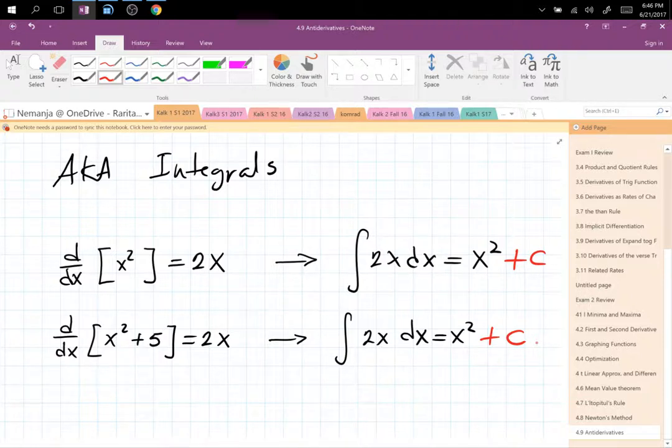It is extremely important. Students forget that on Calc 1 exams and homework and labs a lot, so it's -1 every time you do that. I usually say it's either plus c or -1, you choose.